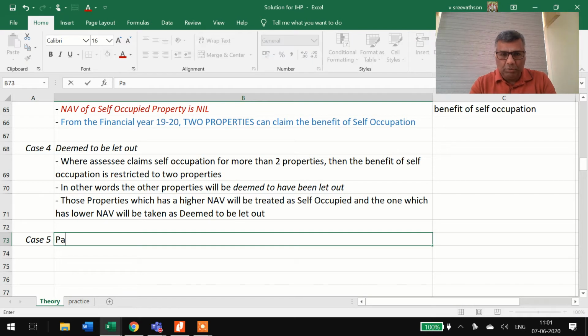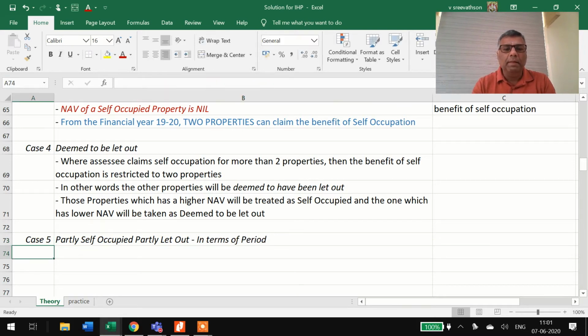Back to theory notebook. Partly self-occupied, partly let out in terms of period. Friends, a property for the first 6 months I am self-occupying, the rest 6 months I let it out.